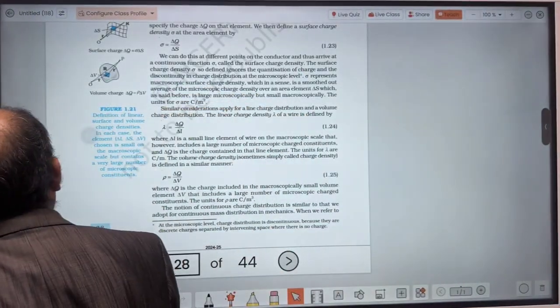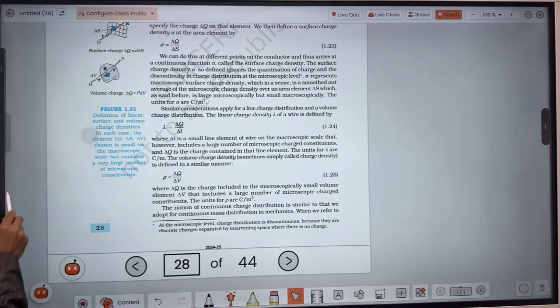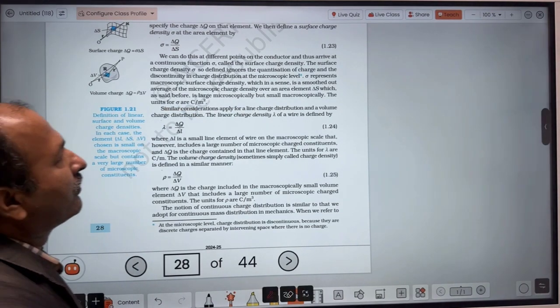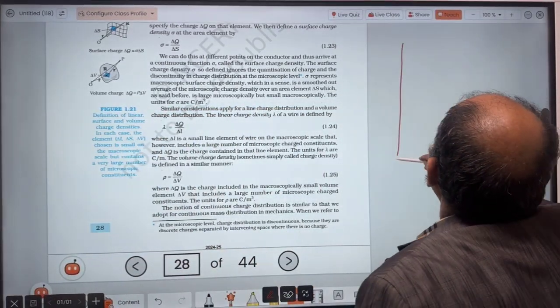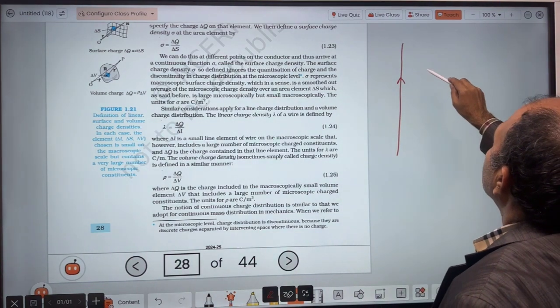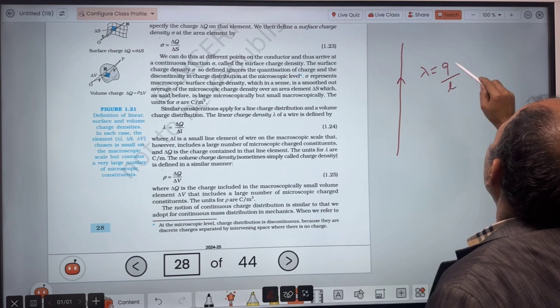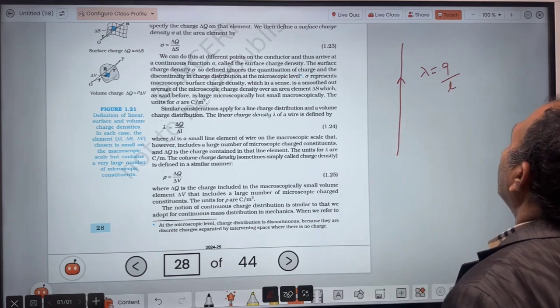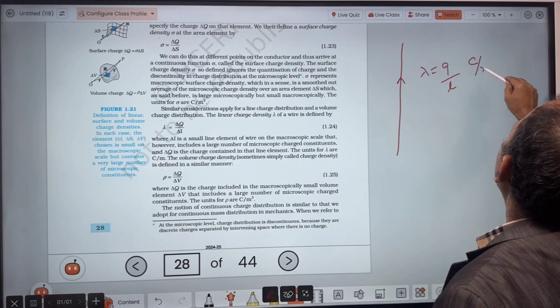Now we are going to study different types of charge distributions. So, suppose charge is distributed along a line, then linear charge density lambda is given by q divided by L, total charge divided by length. Unit will be coulomb per meter.